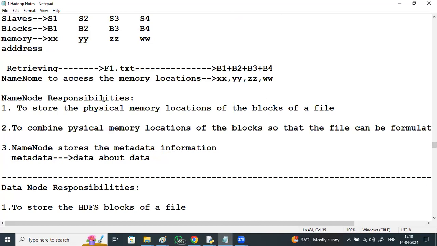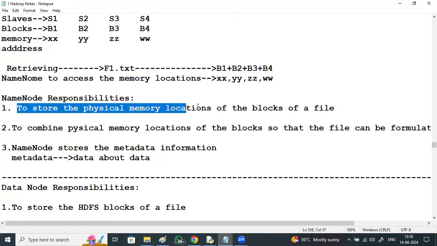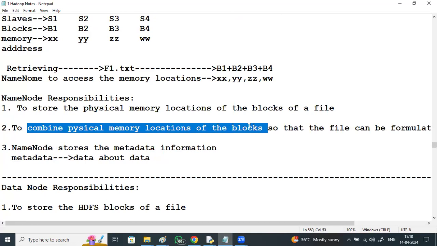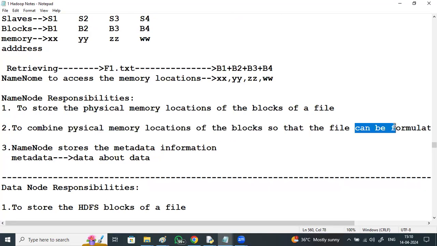The name node's responsibility is to store the physical memory locations of the blocks of a file, and also to combine the physical memory locations of the blocks so that the file can be formulated.